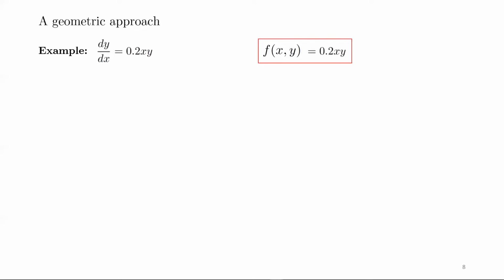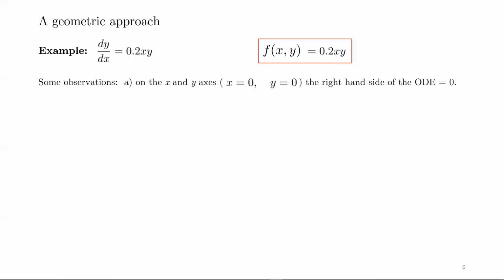Okay, so the function f of x y is just the right hand side of this differential equation. This ODE is written in normal form. So the function f of x y is just the right hand side of the equation. You'll also note that this function f of x y is defined for all finite values of x and y. There's no points here where the function is undefined or is going off to infinity.